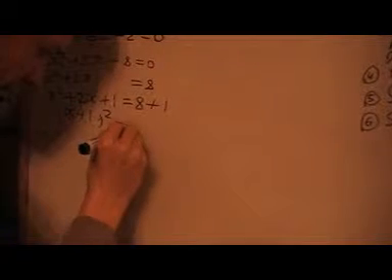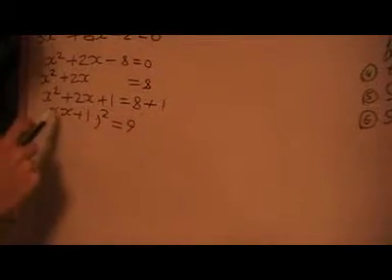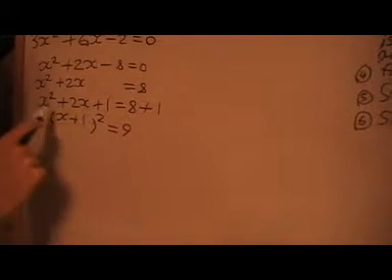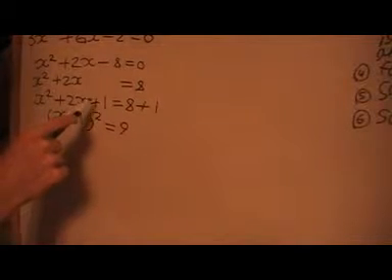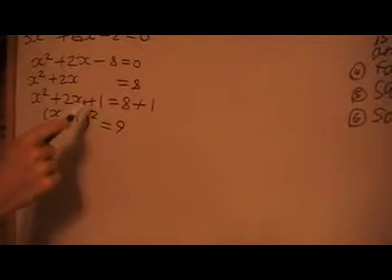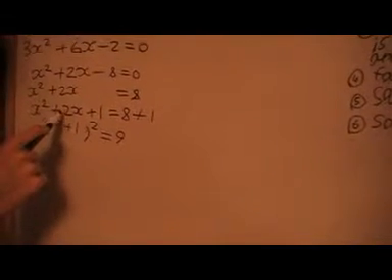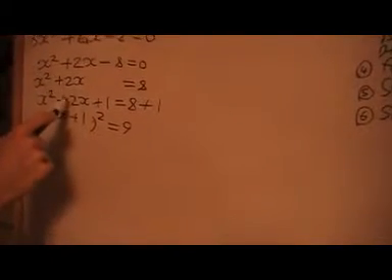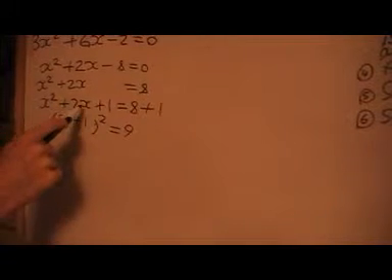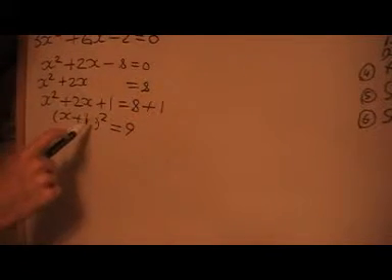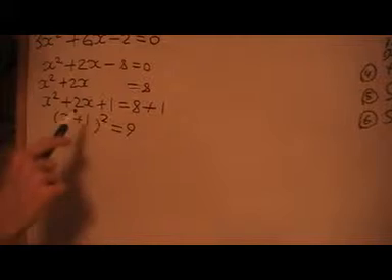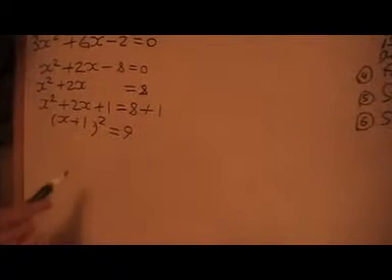Add them up, I get 9, so let's just do that. So I've got x plus 1 squared, and if you multiply that out, you would get x squared plus 2x plus 1. And remember I told you what you do with this coefficient here. I've just divided it by 2 and squared it. If you square 1 you get 1, so that doesn't change.